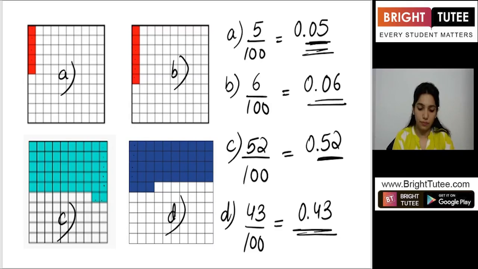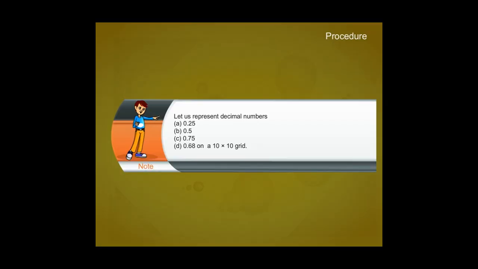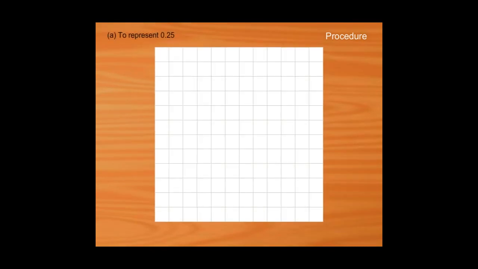Look at the animation. Let us represent decimal numbers 0.25, 0.5, 0.75, 0.68 on a 10 by 10 grid. To represent 0.25, draw a 10 by 10 grid on a squared paper.